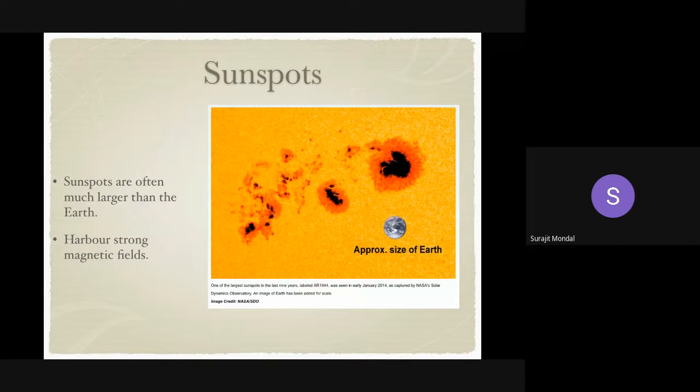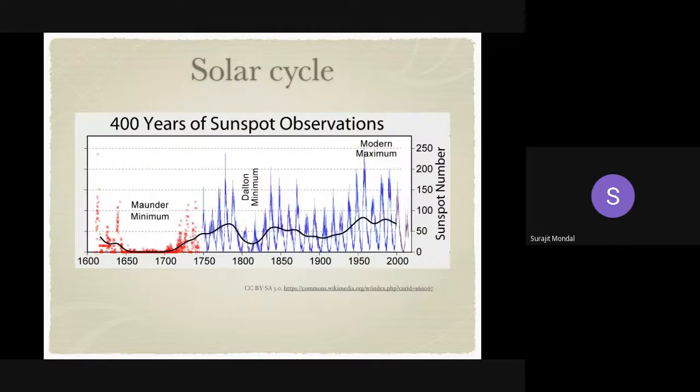If you count the number of sunspots every day for several years and plot how the number of sunspots is changing as a function of time, you see this beautiful diagram. There is a periodicity of 11 years in the number of these sunspots.